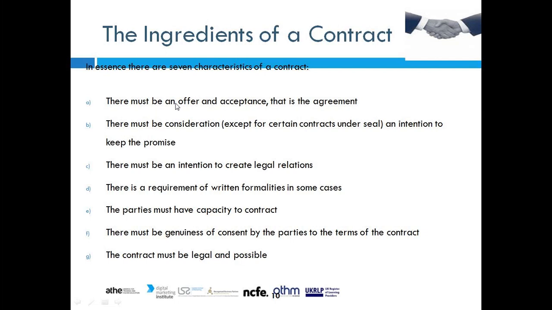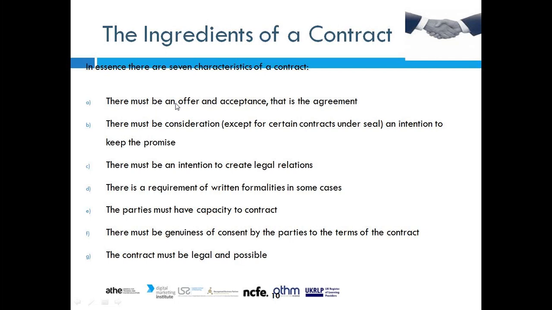What is meant by capacity to contract? Manur, Daniel, anyone? No idea. Okay, capacity means sound-minded. If you're drunk and not in the right mind, it's not a contract.